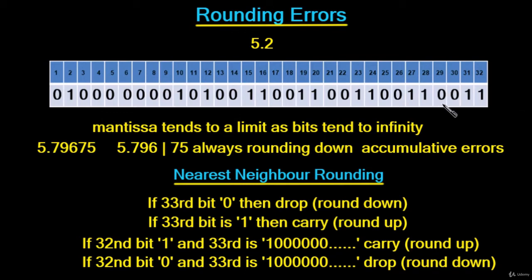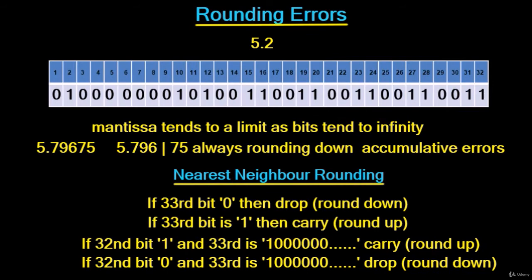And as the number of bits tends towards infinity, then the value here will tend towards a constant value. But we only have 23 bits in the mantissa in order to write that value down. So what we've done previously is that we have just chopped off the last bits. So after bit 32, bit 33 and onwards just gets chopped off. So in effect this is like continually rounding down.